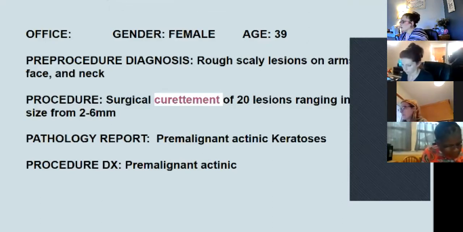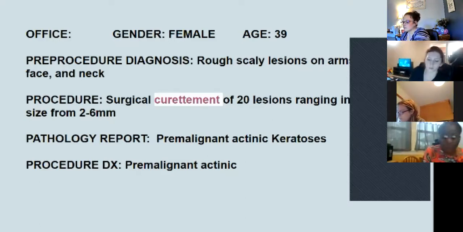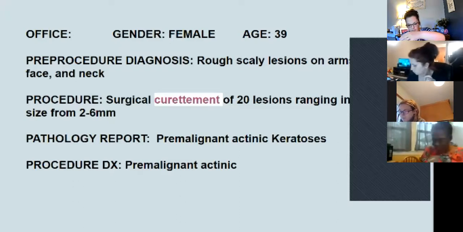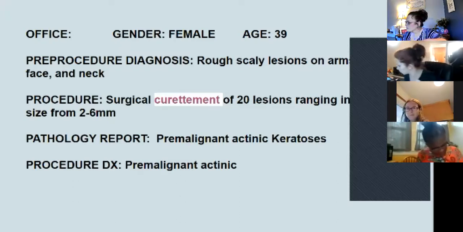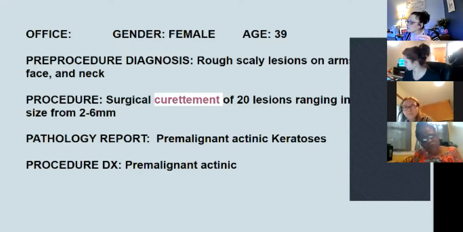One of those codes. I'm looking in the... 17273, I'm thinking. Hang on just a minute. I'm trying to find 17273.